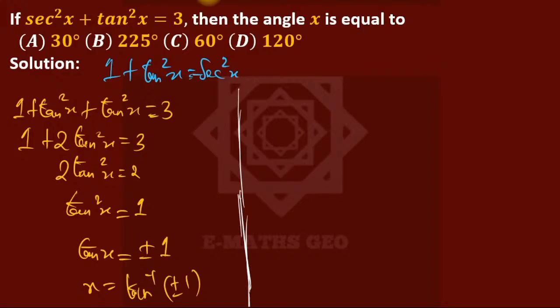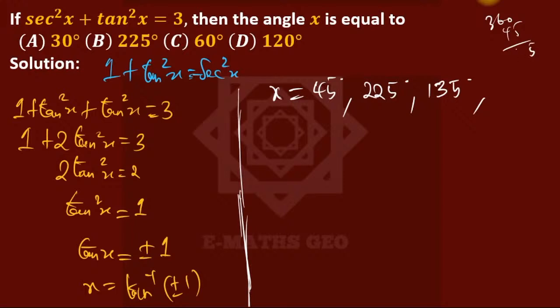So for tan to be positive, in the first quadrant the angle is 45 degrees, and in the third quadrant it is 225. Which quadrants is it negative in? The second quadrant, which is 180 minus 45, which is 135, and the fourth quadrant, 360 minus 45, which is 315.